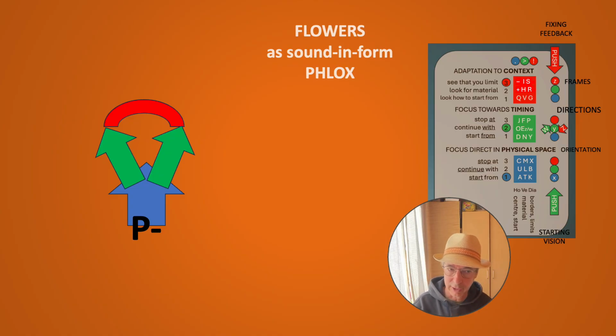My starting vision is that blue arrow. It doesn't matter very much in the design, but I have it in my focus now. It's about the growth process, so I follow it from the start. Then I follow the direction, and that direction should have an ending there. So it would have a kind of pop-up form in the end, where I will have my form that is the basis of PHLOX.